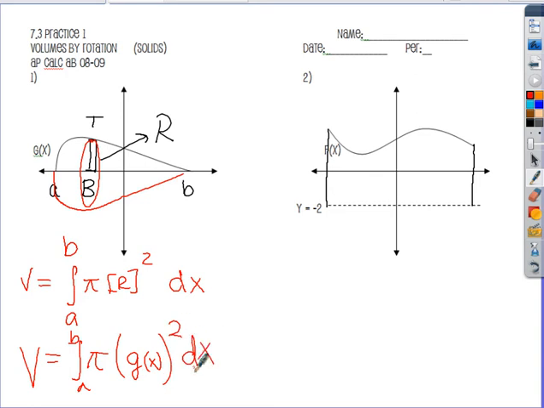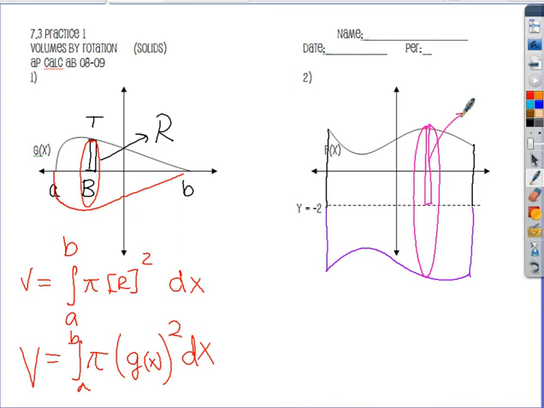So there's letter A. Letter B, or number 2, it would end up looking like this. This is my representative rectangle of my circle radius. Top and bottom. Top and bottom. All right, so this guy, volume would equal integral a to b, because it's vertical, dx.